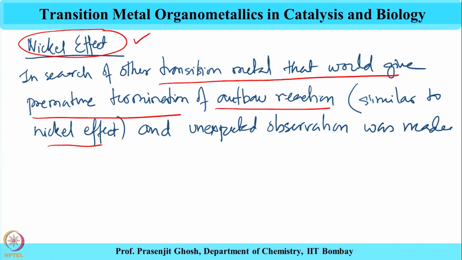However, the unexpected observation was that during this search for other metals, they found another metal which could even give much larger polyethylene polymer chains, which was again like going back to what they had really wanted in the first place.